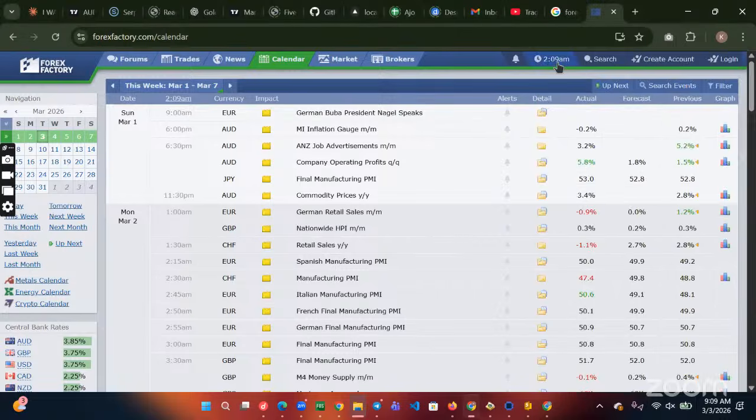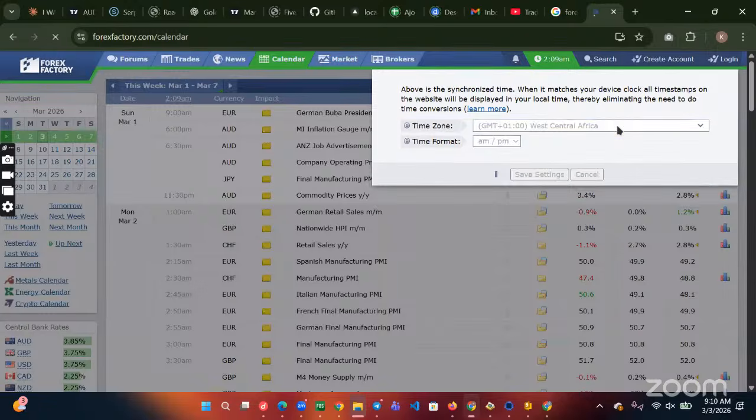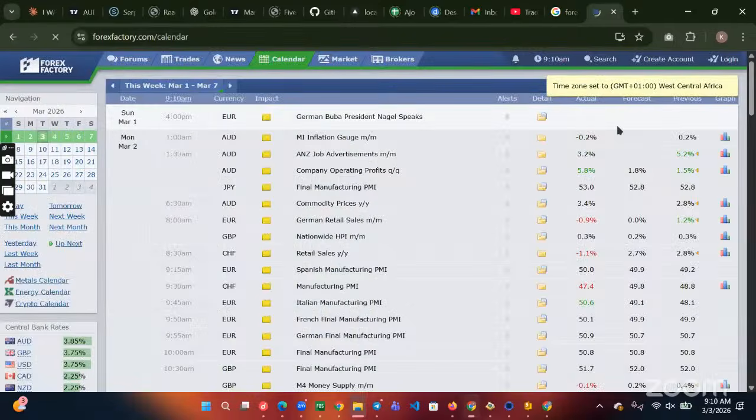So this is 2:09. This is not correct because it is using Canada's time. I'm in Nigeria, right? So I have to synchronize my time, match device to time.